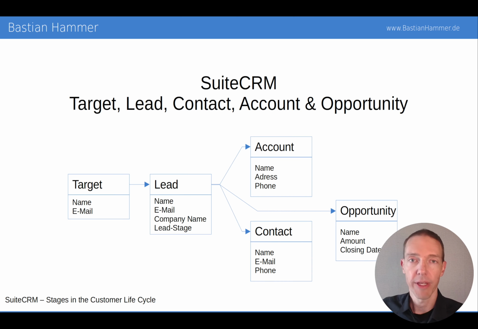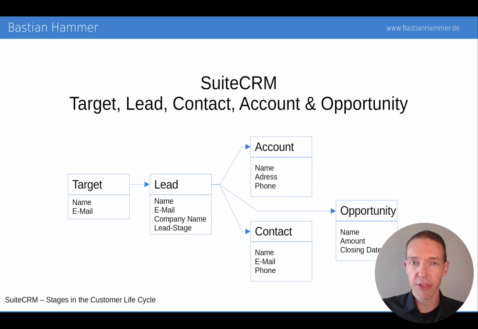The contacts are usually the people you're talking to. Then, since the request of the lead is getting more concrete, you convert the lead as well into an opportunity right away. So an opportunity might be a chance of selling your service A to this account or to this contact working inside the company.